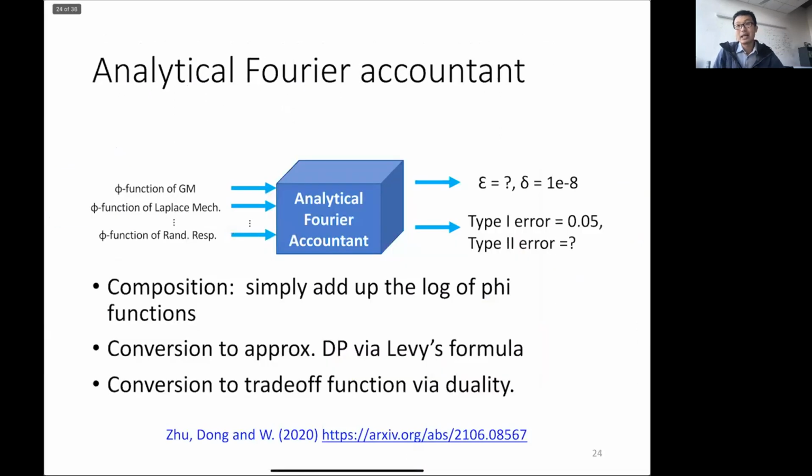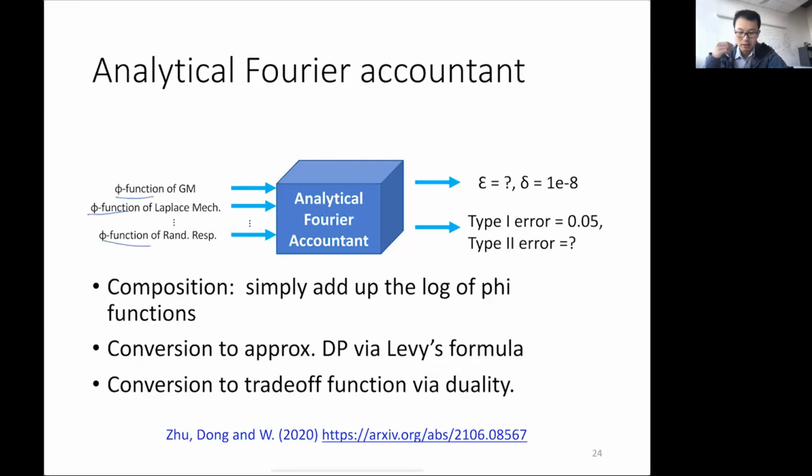With all this said, these dominating pairs of distributions and their corresponding privacy loss random variables and the phi functions can be used to create an analytical version of the Fourier accountant that we've talked about earlier. So instead of representing a discretized version of the probability density or probability mass function of the privacy loss random variable, now we can simply represent their phi functions in analytical forms.